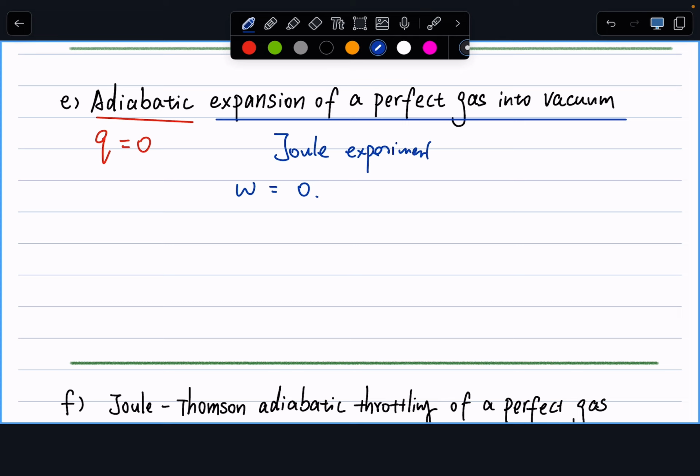So that's an irreversible process, so we cannot use that equation. And since we have Q equals 0 and W equals 0, my delta U must equal 0, because it equals Q plus W. And because delta U is 0, we can write delta T is 0 because we have a perfect gas, it's only dependent on temperature. And hence, delta H equals 0.